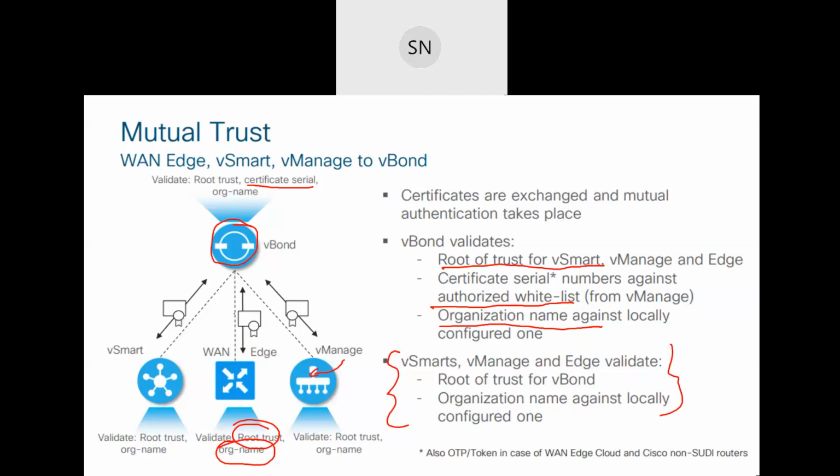Once we have the initial things in place, when you are provisioning a new WAN device or new router, it will initially contact the vBond. When it initially contacts the vBond, the hardware certificate will be presented.